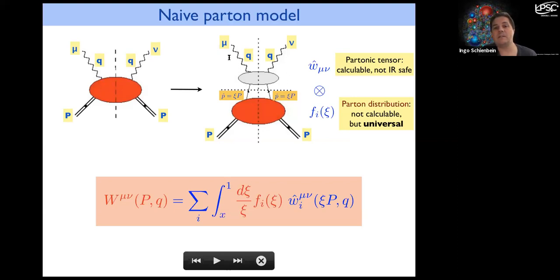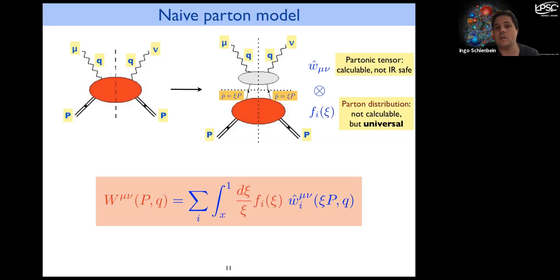So the upper part is the analog of the hadronic tensor, a partonic tensor, and the lower part is a graphical representation of the parton distribution i. And this parton distribution is not calculable, but is always the same, independent of the process on the top. So it's universal.